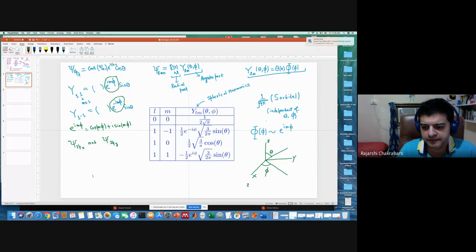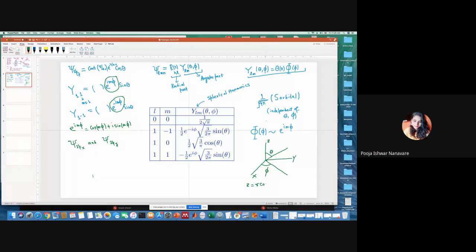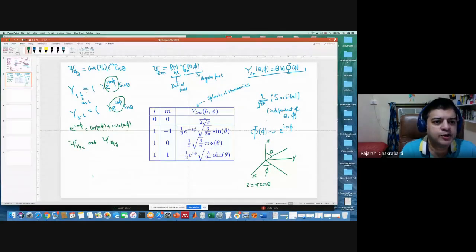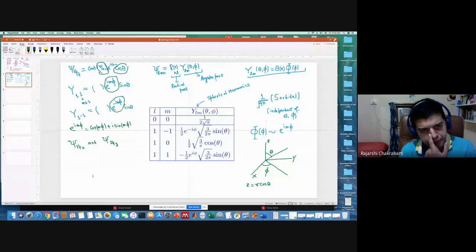What is Z? R cos theta. So now I go back and check my psi 2pz expression. What is this? R cos theta. That gives you Z, and that is why it is psi 2pz. Can you see that?